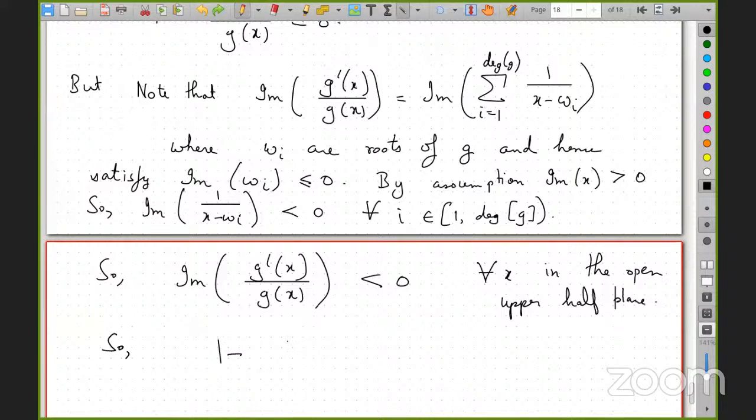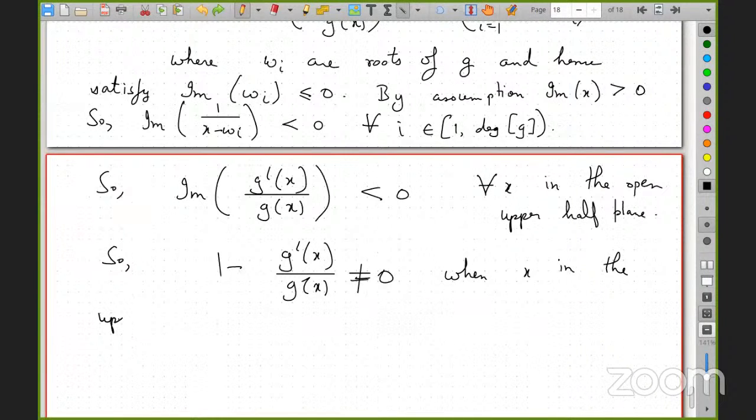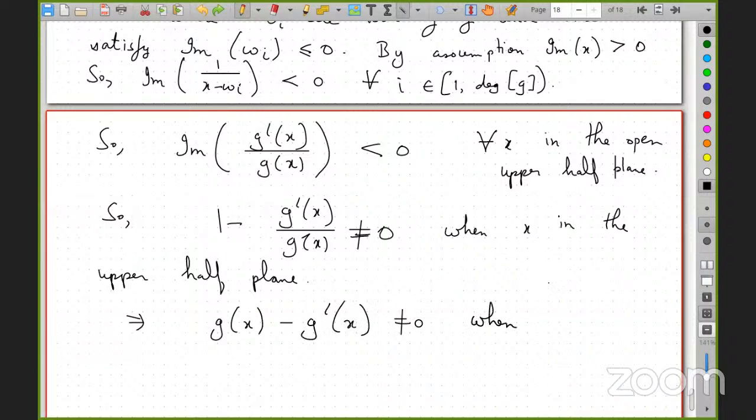So 1 minus g'(x) over g(x) is not equal to 0, and so g(x) minus g'(x) is not equal to 0 in the upper half plane.